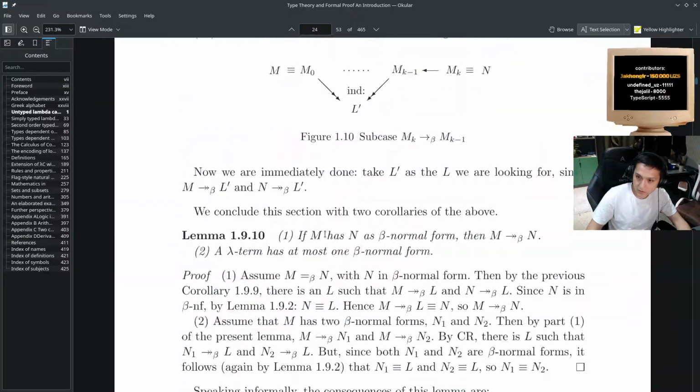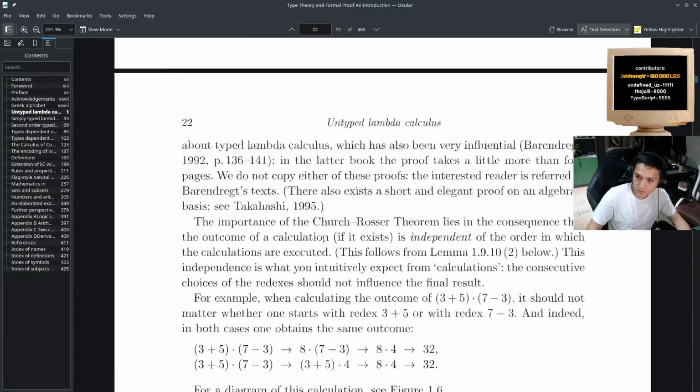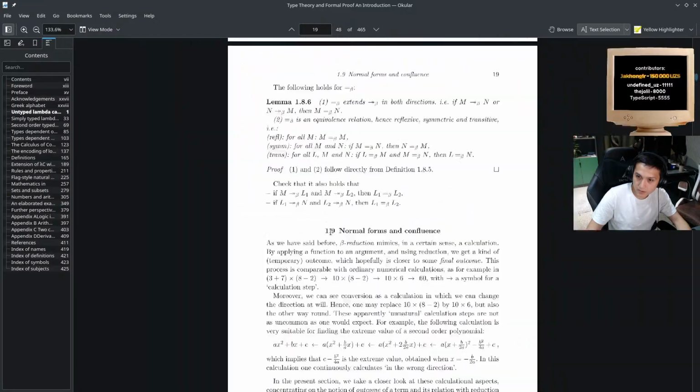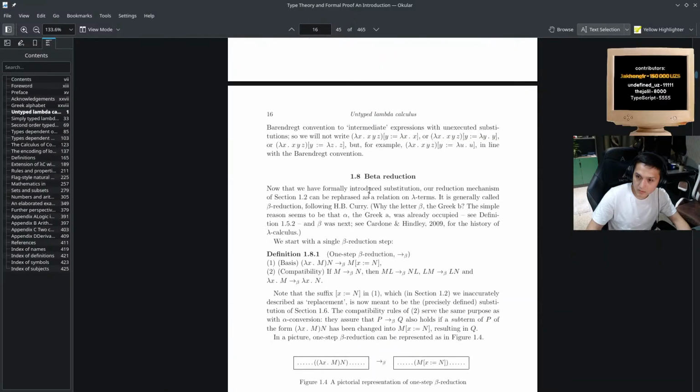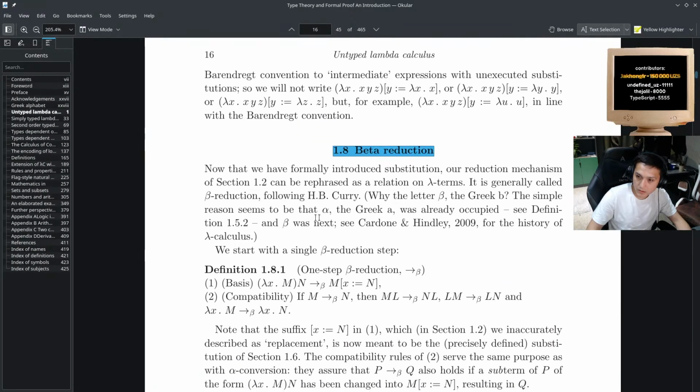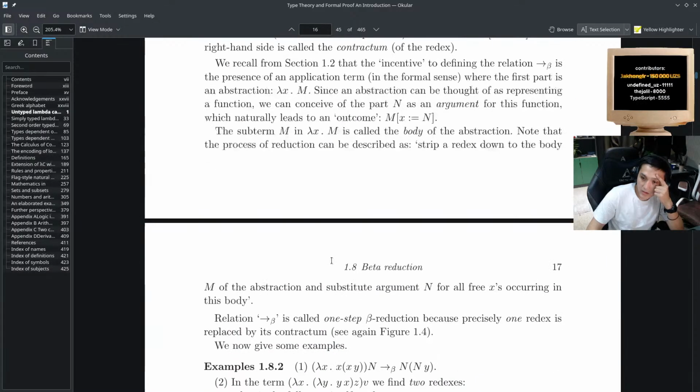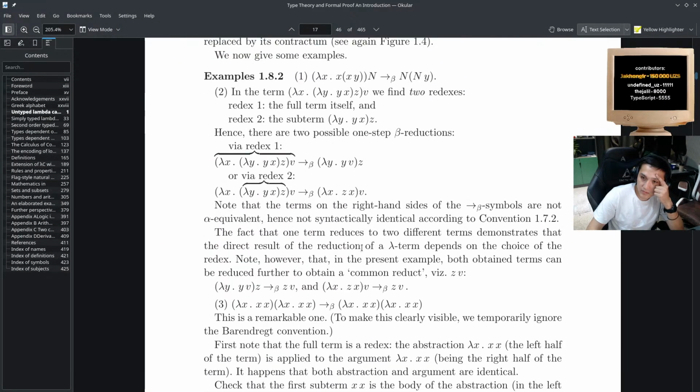I guess we left off at beta reduction last time, at the beginning of beta reduction. We used substitution inside beta reduction. I remember, we substitute variables with a new one, generally called beta reduction.